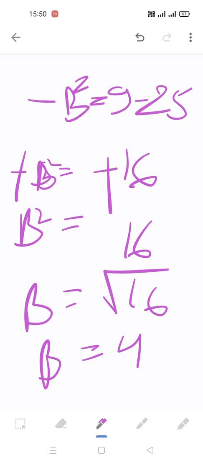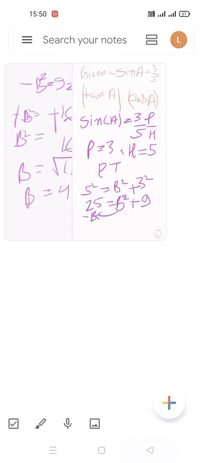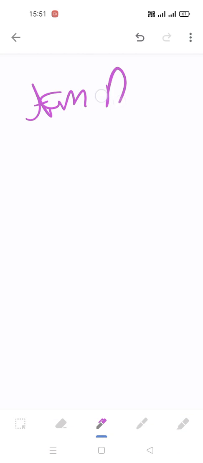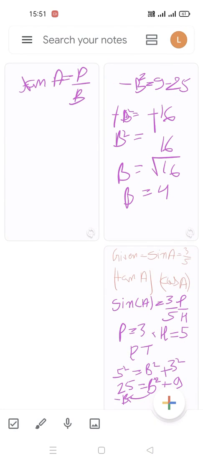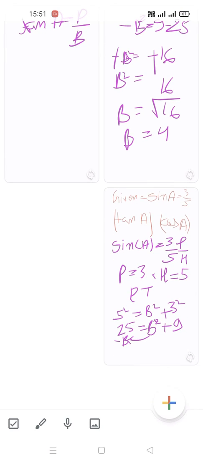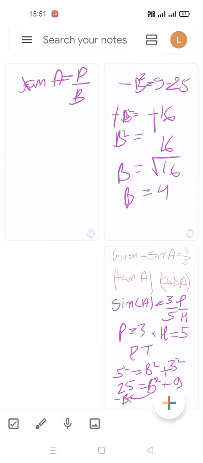Now we have to find the value of tan a. The formula of tan is perpendicular upon base. What is perpendicular? P is 3 and b is 4.